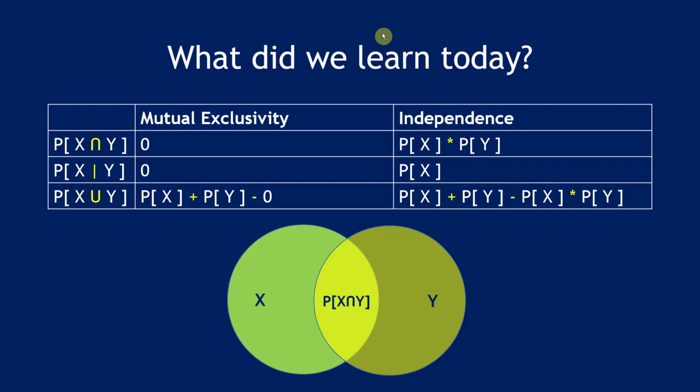Independent events, on the other hand, will be the probability of X plus the probability of Y, and then you have to subtract the intersection right here. And the intersection is the probability of X times the probability of Y. So this right here is the intersection.